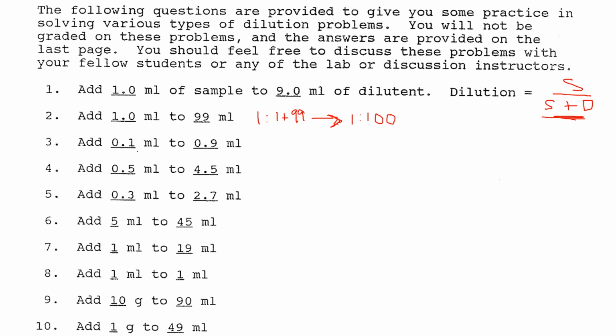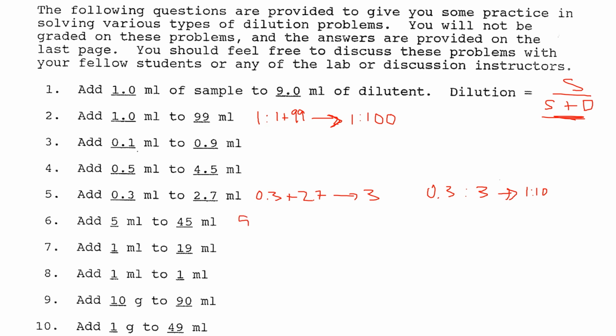Walking through the next one, 0.3 plus 2.7 is a total of 3, so now we have 0.3 over 3, which, just like the last two problems, is 1 over 10.